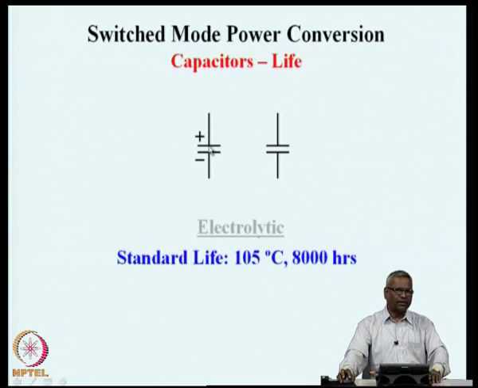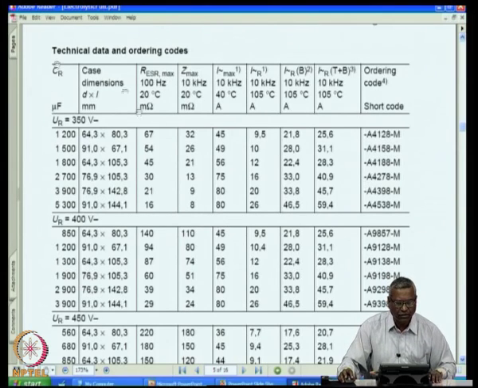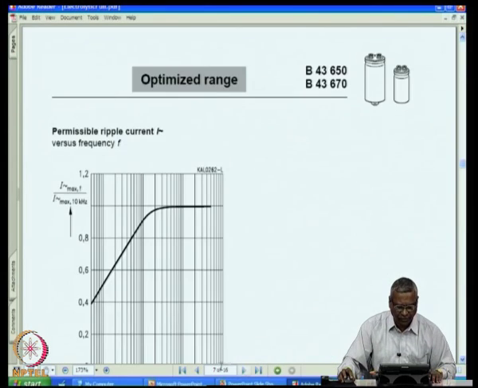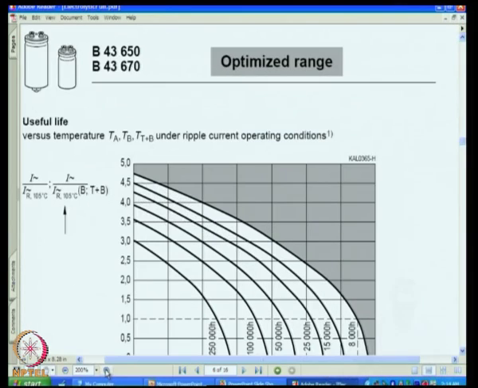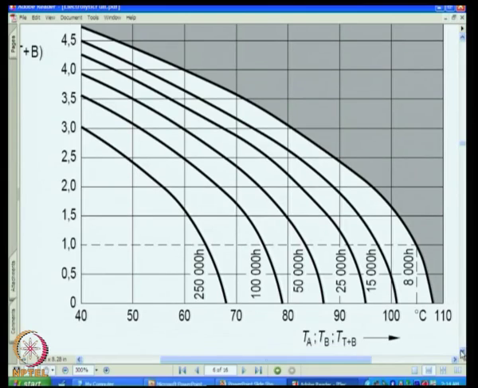And unlike inductors or many other electronic elements, capacitors many times suffer from limited life, especially electrolytic capacitors. Typically, it could be about 8000 hours at 105 degrees, and if the temperature is reduced, it is possible to have more hours of life. For example, here is a data sheet for capacitors, and what you see here is the life characteristics.